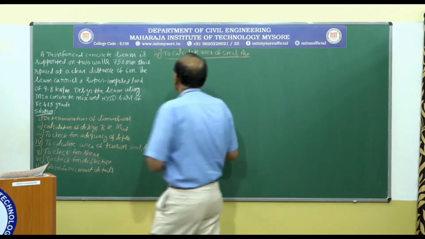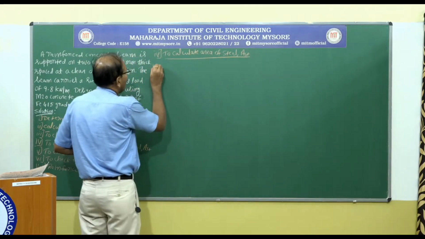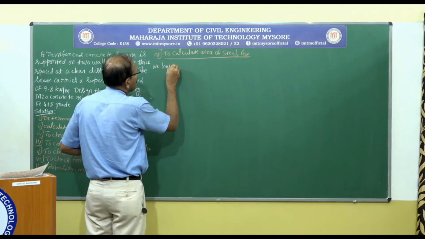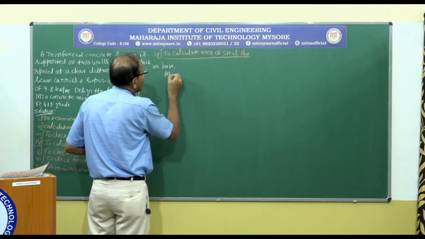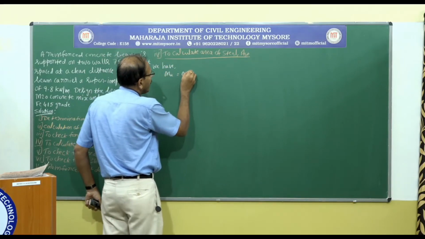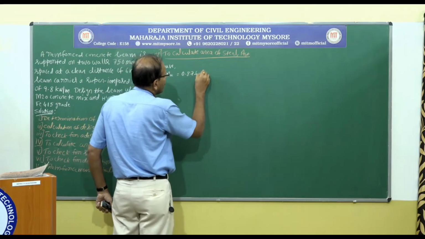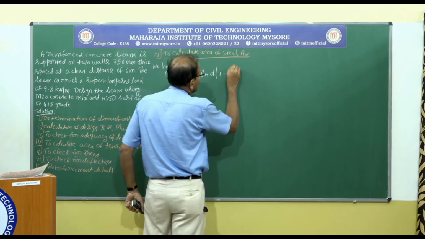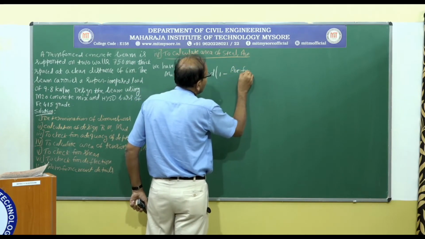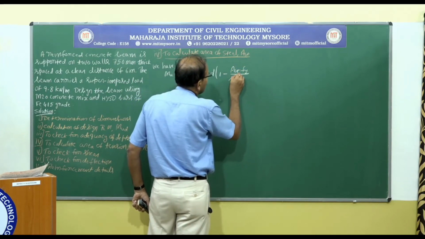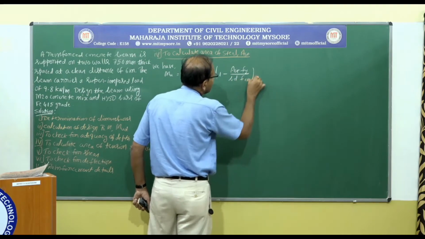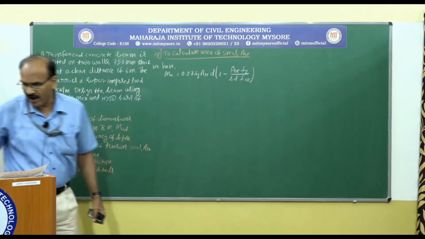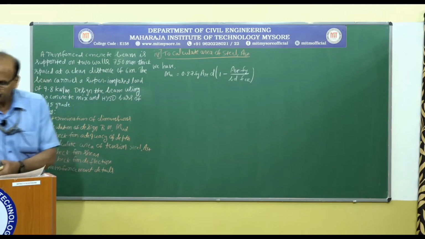Okay. Therefore, we have MU equal to 0.87 FY AST D, 1 minus AST FY divided by B D FCK. This is the formula we have. Okay.